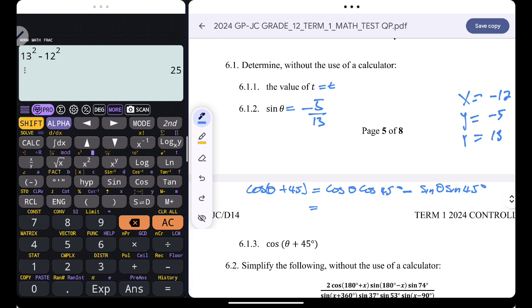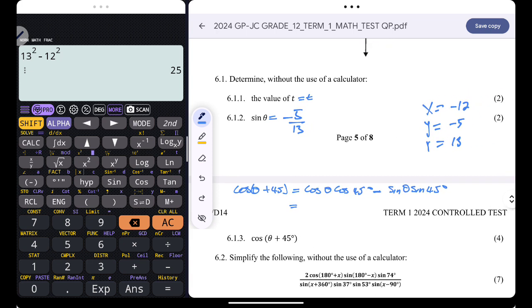I know that cos is just x over r, so that's negative 12 over 13. And then cos 45, you can punch your calculator, you'll get square root of 2 over 2, minus sine theta, that's y over r, minus 5 over 13, and then sine 45 is root 2 over 2.